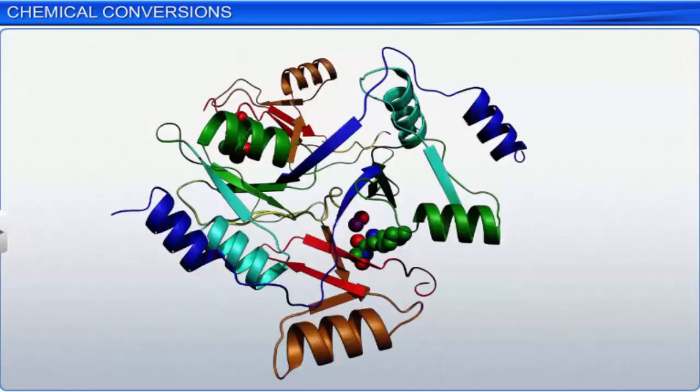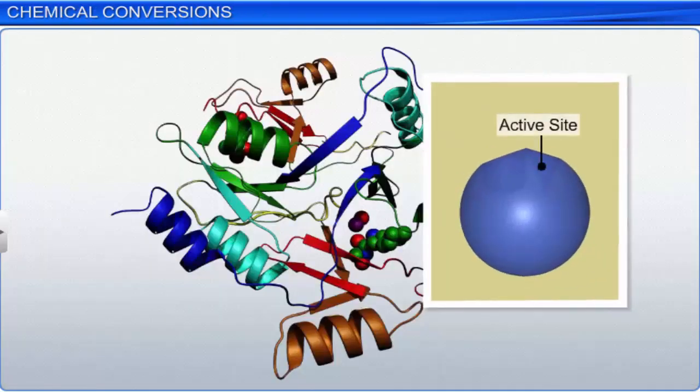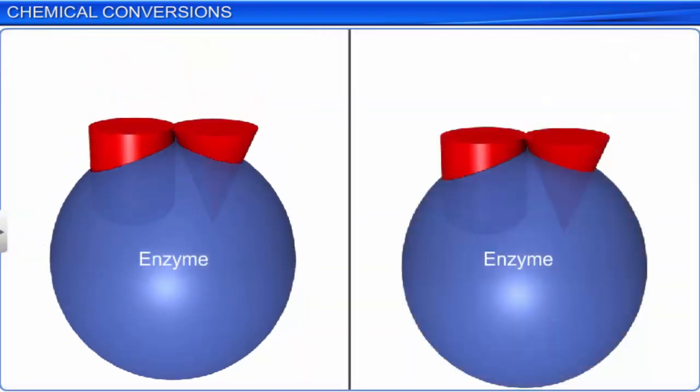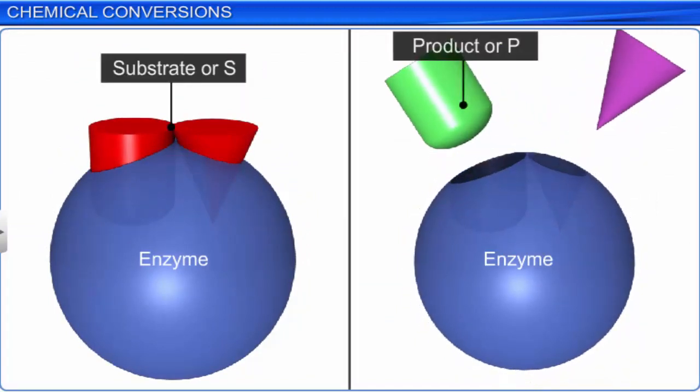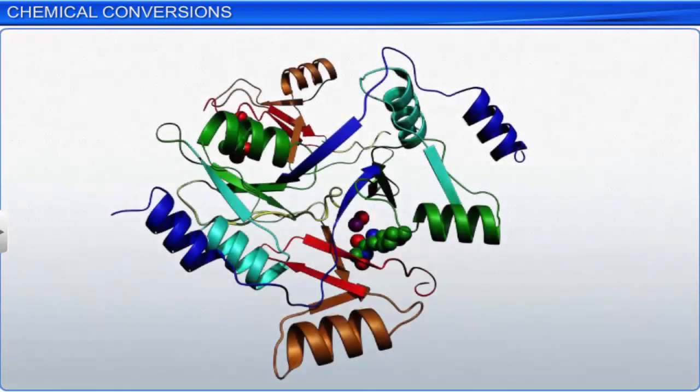Enzymes are three-dimensional protein structures with an active site. They convert a chemical or a substrate denoted as S into a product or P. One or more products can be formed from a single or many substrates. Enzymes help in catalyzing the reactions, but they do not participate in the reaction themselves.